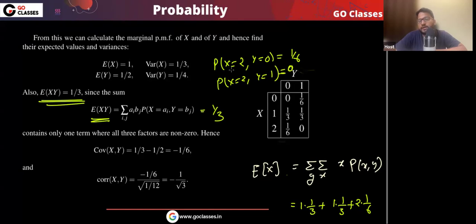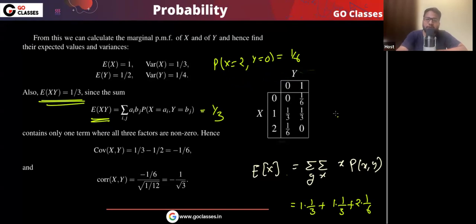So if X is 2, which means you are choosing two red pens, there is almost negligible chance that Y is also increasing, which means you are choosing a green pen also. It is actually zero probability that if this is high, then at the same time this is high. So basically they are negatively correlated.